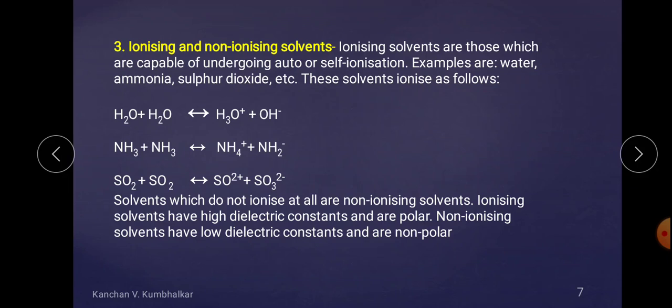In non-ionizing solvents, obviously there is no formation of positive or negative ions, so there is no polarity, a non-polar character has been developed. So a non-ionizing solvent has a low dielectric constant and is non-polar in nature.